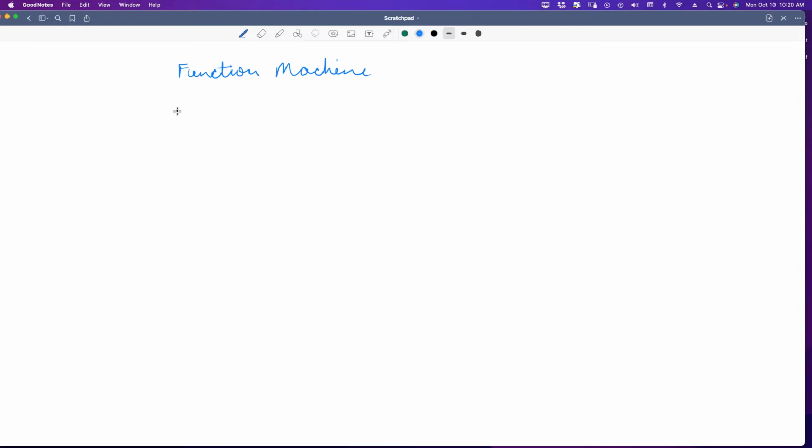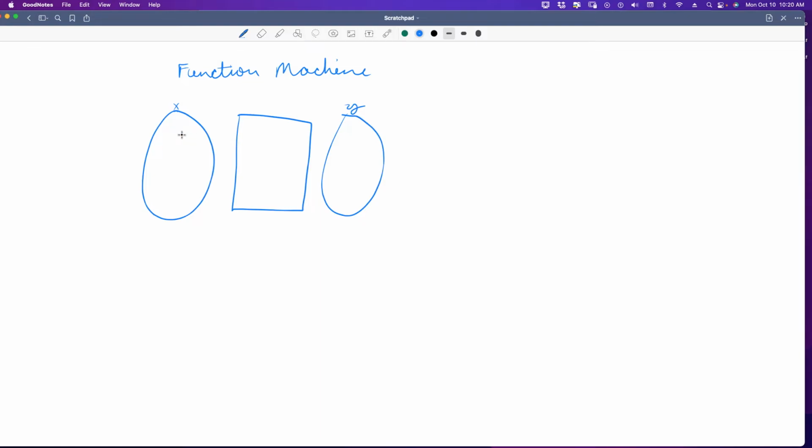So we have our x values here, and then we have our function machine, and then we have our y values. And basically what it's saying is that whatever values you pick for x go into the function machine, get calculated, and spit out a y value. This is basically your table, right? This is our table.